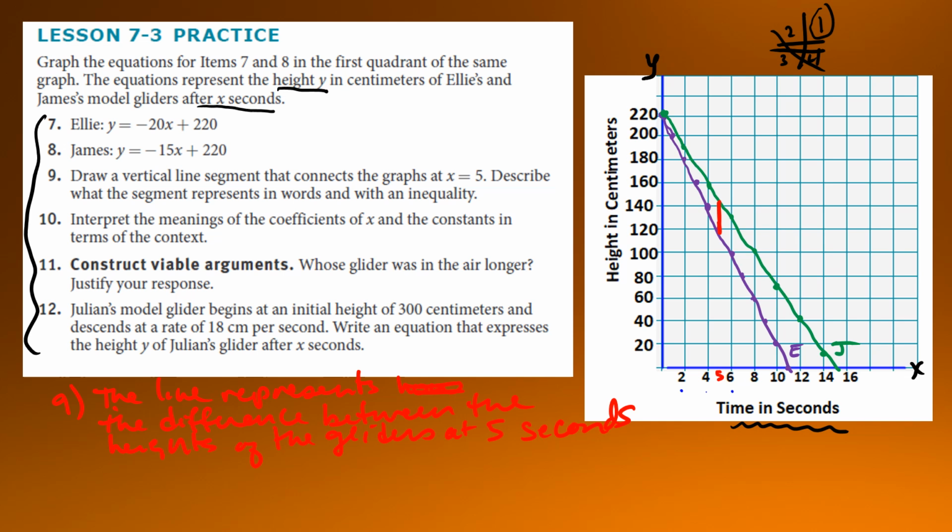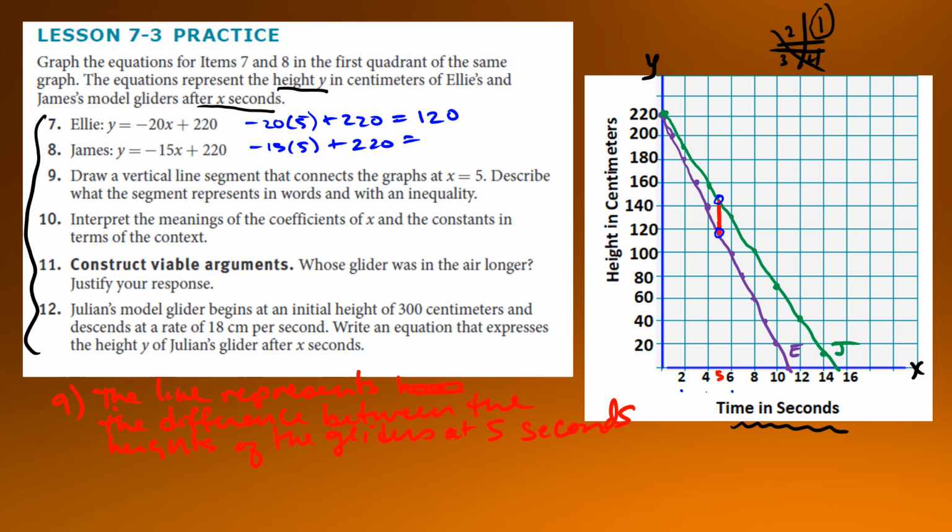And then, let's see, end with an inequality. So I might need to use the equations to tell exactly what that is. So after 5 seconds, this would be negative 20 times 5 plus 220. So that's negative 100, so that would equal 120 for Ellie. And then his would be negative 15 times 5, which is negative 75, plus 220.